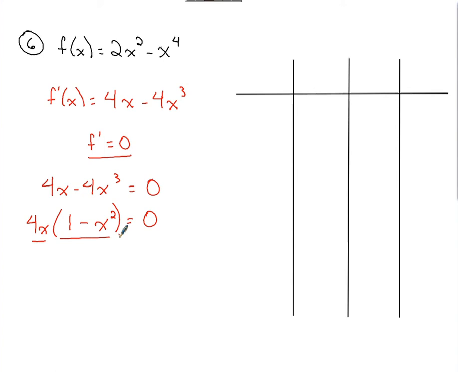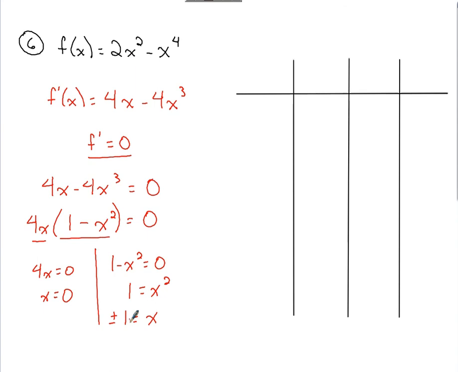If I do that, I've got 4x equal to 0, so x equals 0. 1 minus x squared, if I set that equal to 0, solving for x, we get 1 equal to x squared. Taking the square root, and we're solving, got to remember you've got plus or minus in your answer, so plus or minus 1 would be what x is.